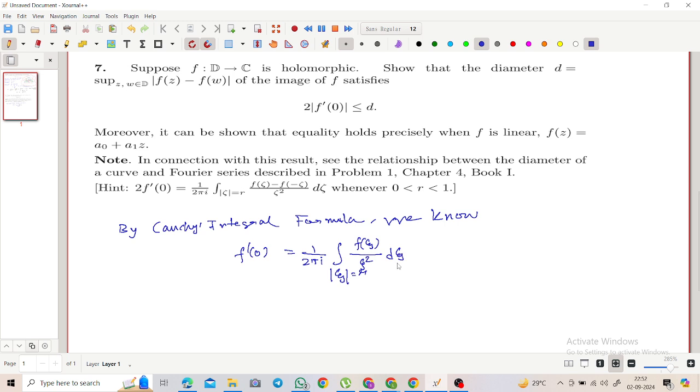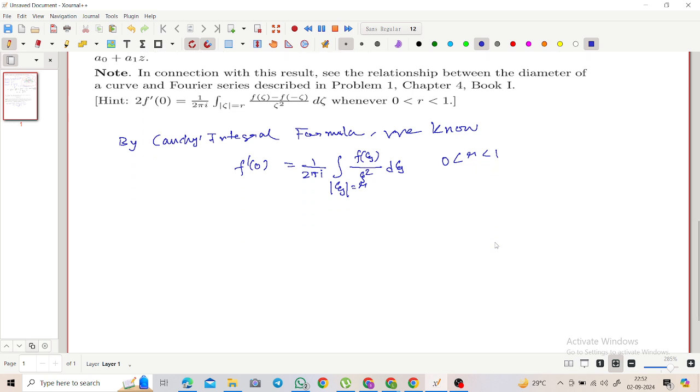By Cauchy's integral formula we can write it. Okay. Let's see what can we do. Put xi equals to minus z. Okay. Then what do we get?